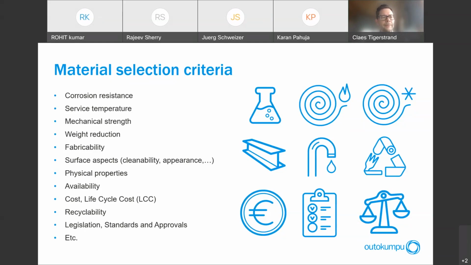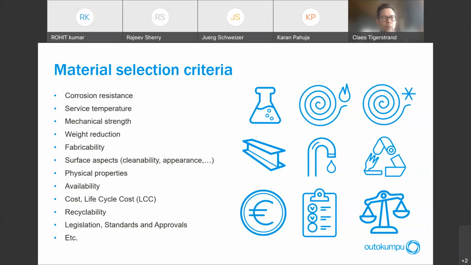Physical properties, we will touch about that in a few cases, could be very important as well to consider, such as thermal expansion, thermal conductivity, and so on. Availability, obviously, more specialized grade has a lower availability, so that is an aspect to consider as well.